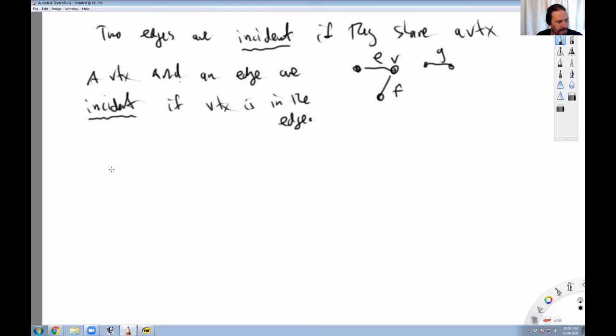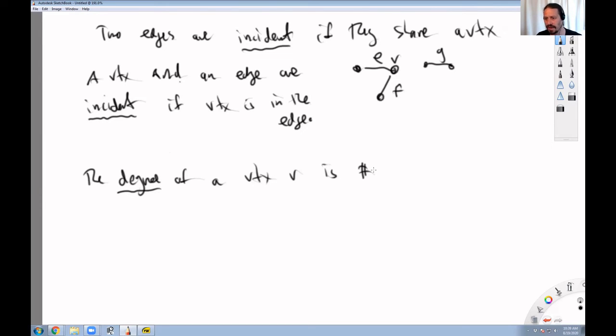And then maybe the most important definition, certainly for today, is the degree of a vertex. The degree of a vertex V is, there's a number of ways to define this. It's the size of the neighborhood, or it's the number of incident edges.